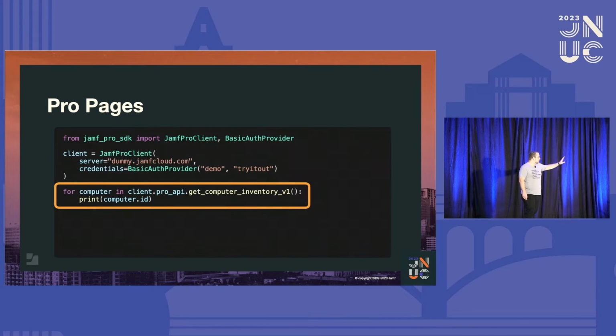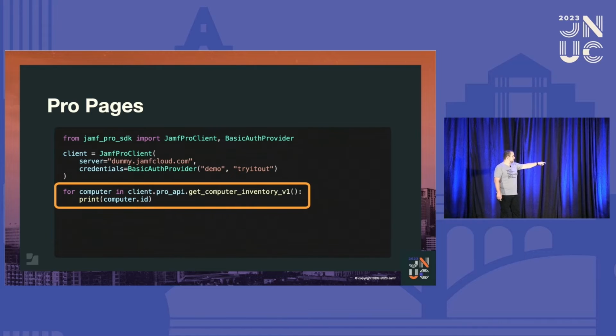So, pagination. Has anyone actually used the Pro API and played with the pagination options for trying to get through it? Did you have a good time with it? So, not a lot of fans, but this right here is calling the Pro API's computer inventory get, so that's a paginated endpoint, right?